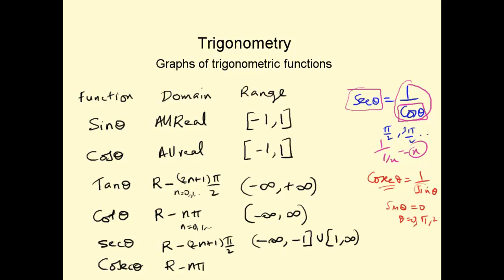And what is the range of cosecant theta? Once again, the range of sine theta is minus 1 to plus 1. So the range of cosecant theta would be just outside that range, greater than 1 and less than minus 1. So that would be just like secant theta, which is minus infinity to minus 1 union 1 to infinity.